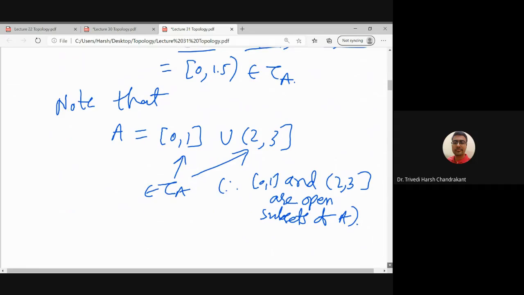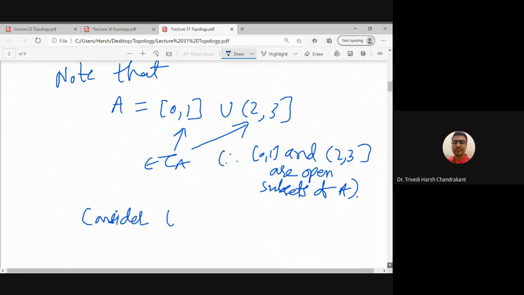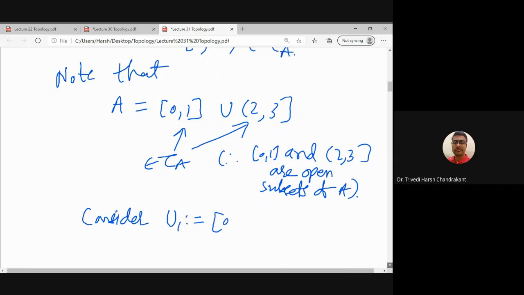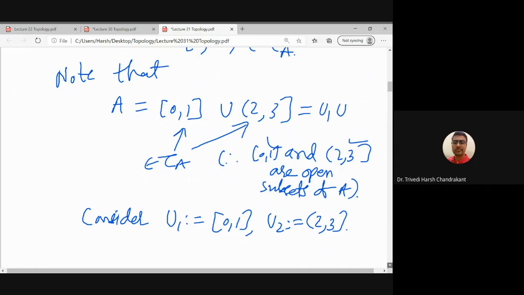And then, let us pick some notation. Consider u1 to be 0 1 and u2 to be 2 3. So u1 and u2 are both open sets, right? And A is actually u1 union u2.